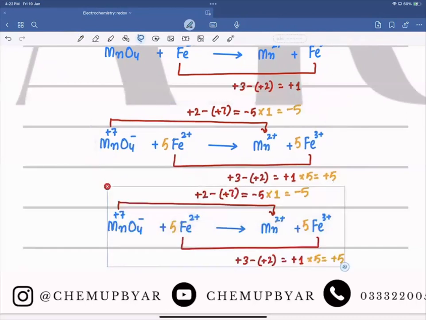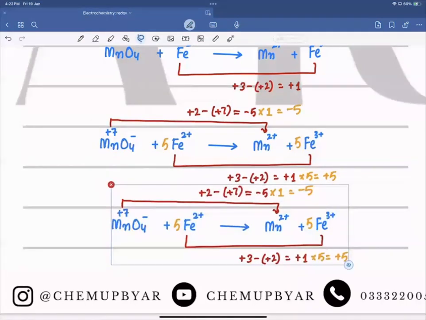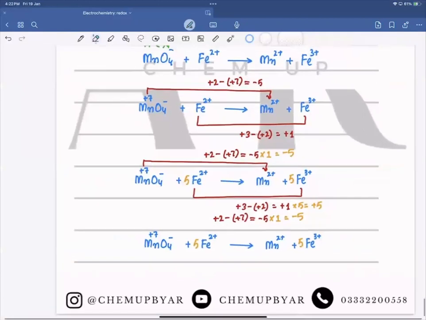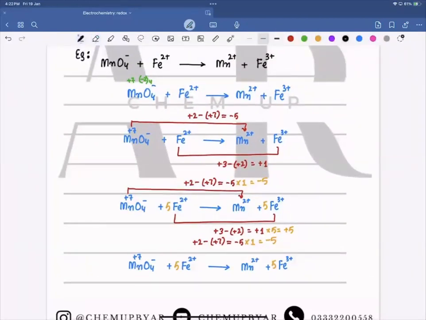Now, this will be the next case. We have identified the change. We have balanced the change. After this, what do we have to do? Balance oxygen and hydrogen. So here we did placing oxidation number and balancing.